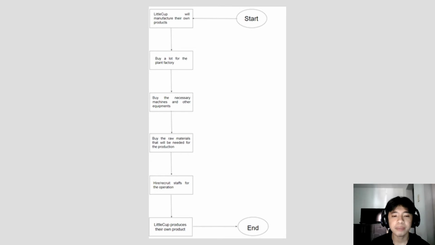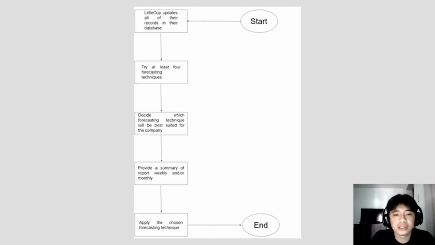Then, the company should get all the raw materials first before hiring personnel for the job. Once all the steps are followed, Little Cup can now be independent from their supplier in China as they can produce their own paper products.